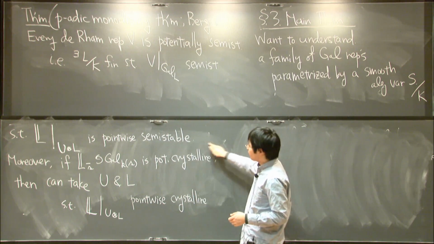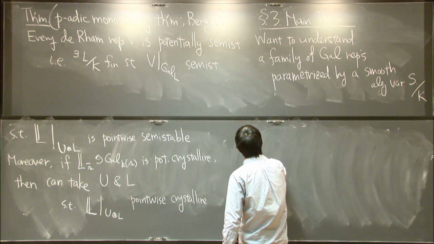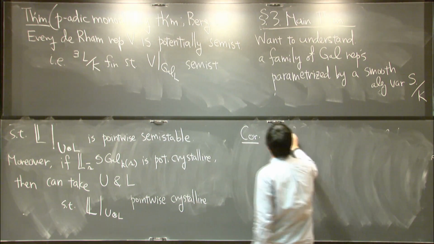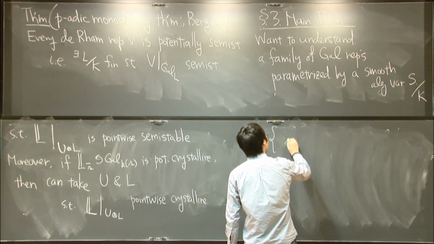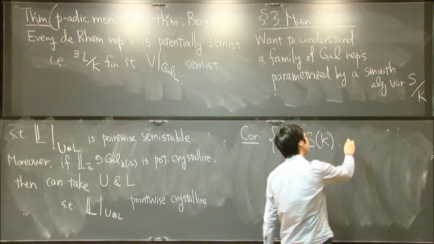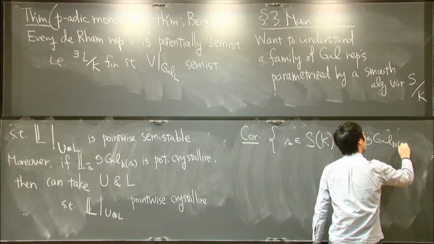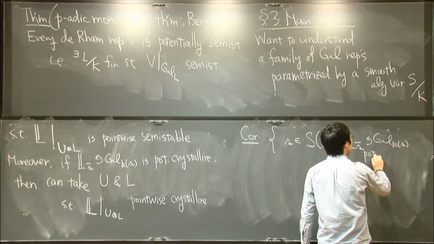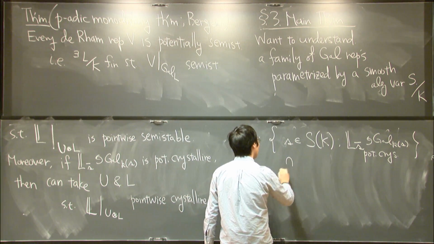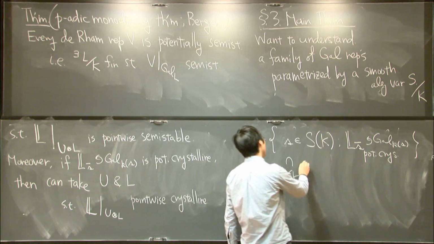And then as a direct consequence of the second part, we can say, if you start with a pointwise de Rham local system, and you consider the collection of k-valued points for simplicity, and you choose the locus where the stalk is potentially crystalline, this is a subset of k-valued points equipped with the analytic topology, and the consequence is this is analytic open.